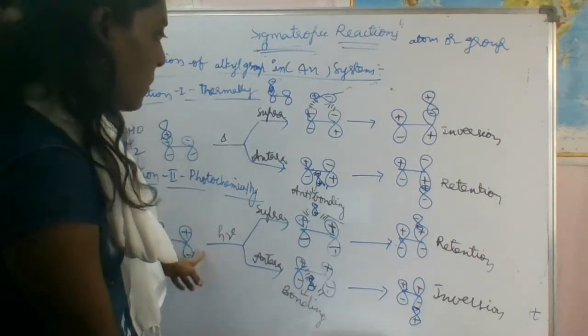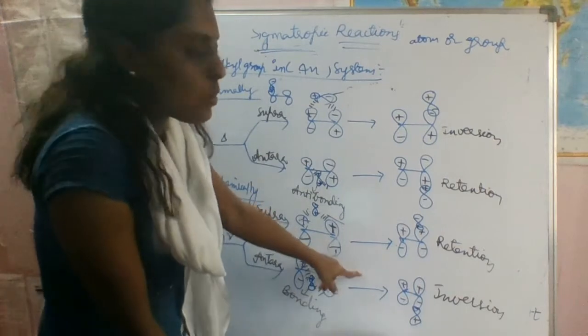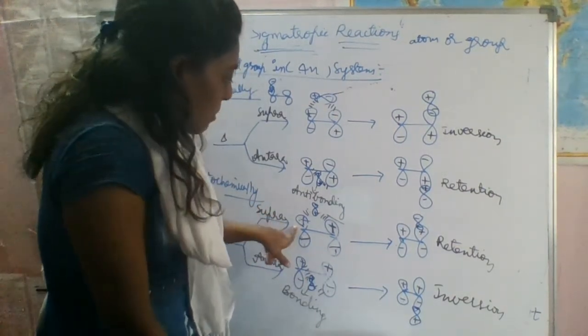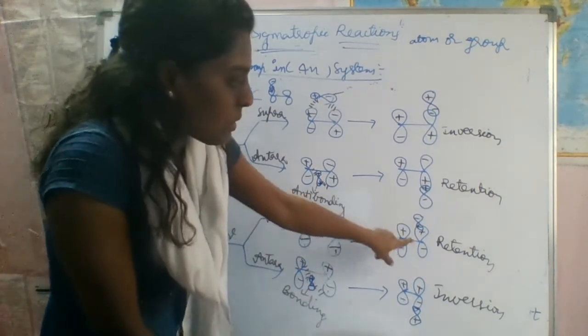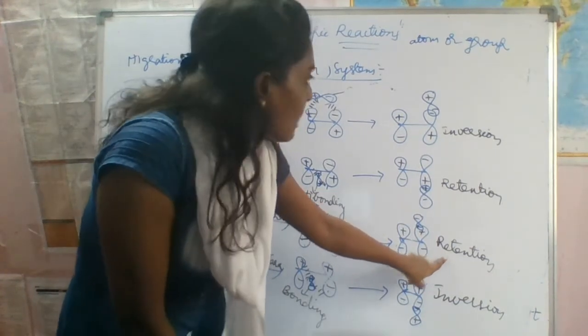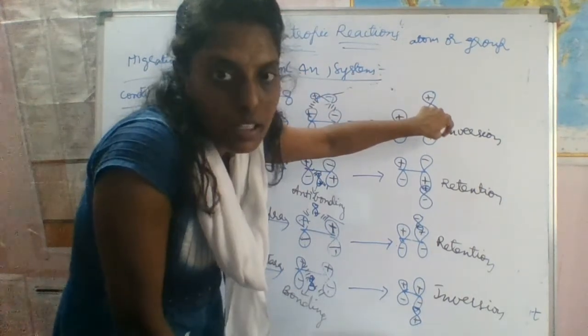If it approaches in a suprafacial manner, this is exactly opposite to the previous one. If you see here supra is there, here plus is there, so retention takes place, right? If you see here, this group is inverse.